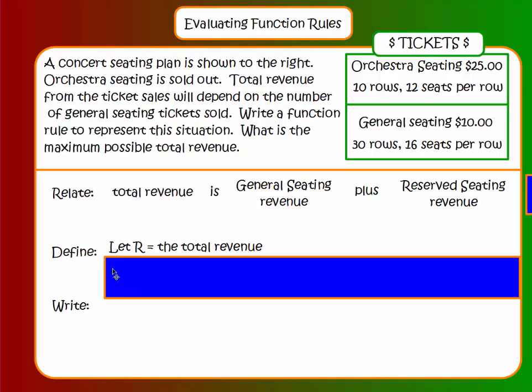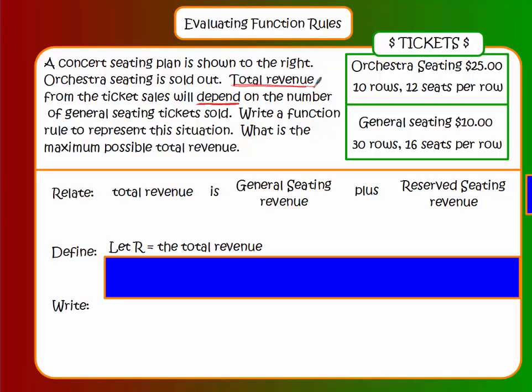And then what else do we not know in this? Well, let's see, the total revenue from ticket sales will depend. Notice that's another keyword there, depend. If something depends, then that is the dependent variable. Okay, the total revenue depends on something. So that means that is my output.